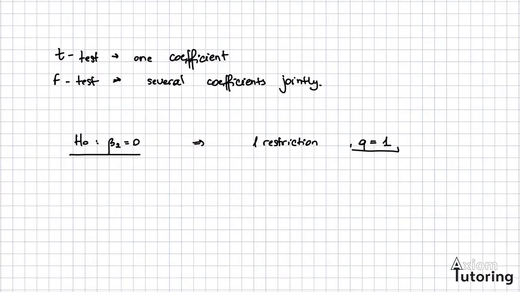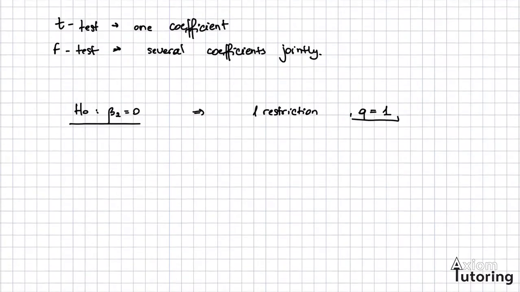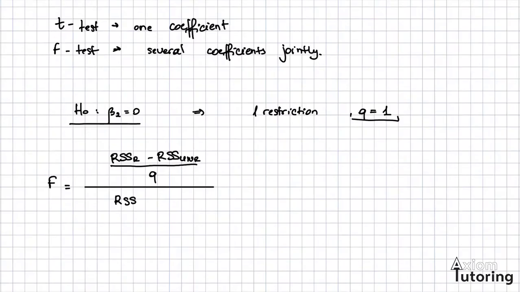Given the fact that our restriction is 1, this is exactly what the t-test would already test. Now, recall that one of the formulas we learned for the F statistic was the following one: RSS of the restricted minus RSS of the unrestricted model divided by Q, then RSS of the unrestricted model divided by n minus k minus 1, where k was the number of betas in the unrestricted model, and q is how many restrictions you are checking.